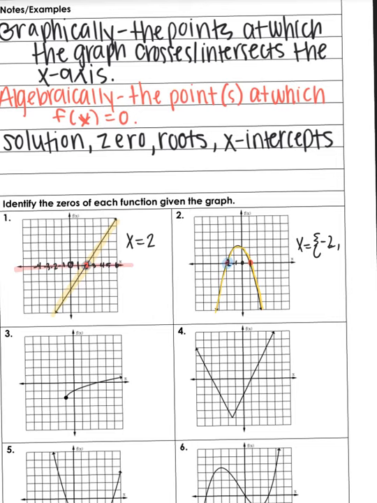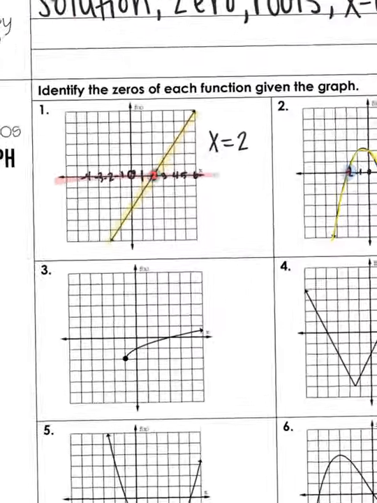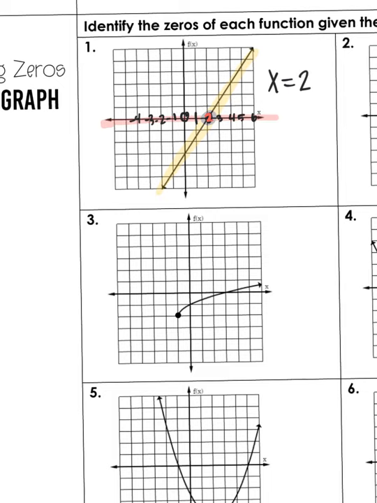And the other solution is at +1. All right, let's look at number 3. So looking across at my x-axis, where is the function crossing? The 0, the solution, the root is right here. And that is at, let's see, so this is 0, this is 1, 2, 3. So this solution, this 0, is at x equals 3.